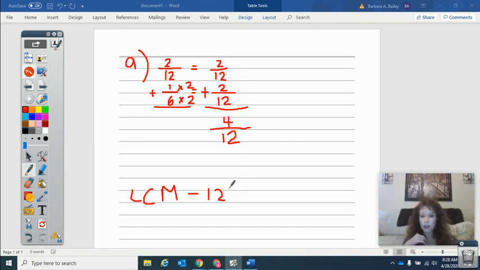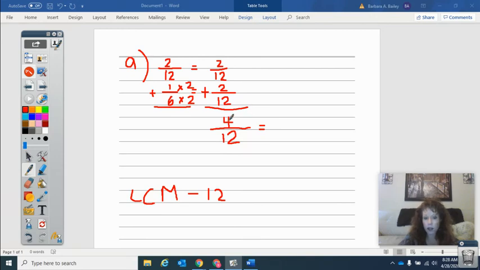Now with fractions, most of the time you're going to need to simplify that fraction when you're adding or subtracting. Your answer will not be in simplest form. So this is not in simplest form, meaning that I can simplify it because there's a common factor, a whole number that can be divided into 4, and the same whole number can be divided into 12.